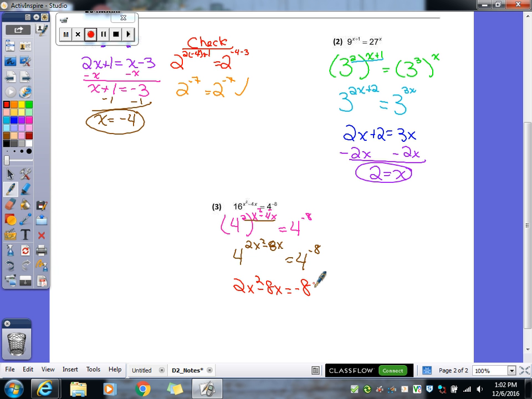We're going to have to factor because I have an x squared there. So what should we do? Maybe add the 8 over so it's a 0 over there. So we have 2x squared minus 8x plus 8 equals 0.